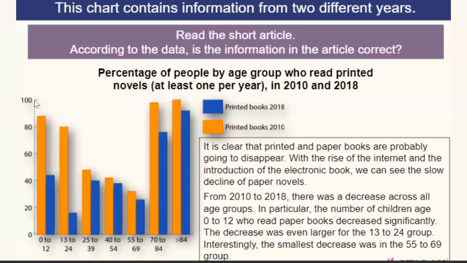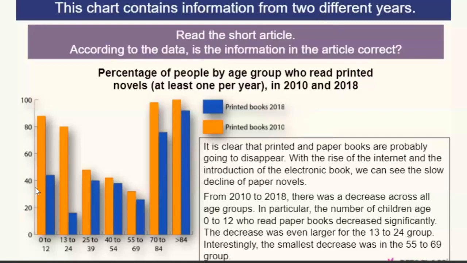So you can also compare information or data between different groups of people, and you can also compare them by, like here we have different years. You can start by year, like you can go 2018. So you can start describing 2018 as a general, and then 2010, or you can do the opposite, 2010 and then 2018.